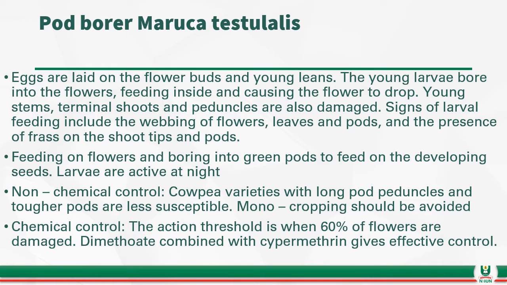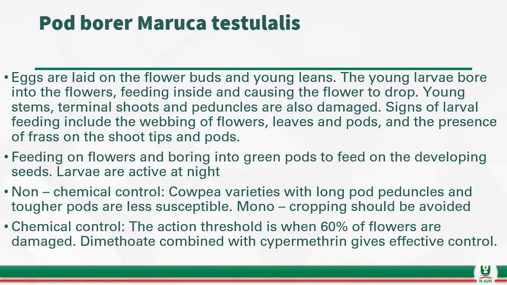So now we want to talk more about this. This pod borer, Maruca vitrata, lays eggs on the flowers and buds of young leaves. When you see the flowers and buds of this plant and you turn them over, you see the eggs, very small, very tiny.